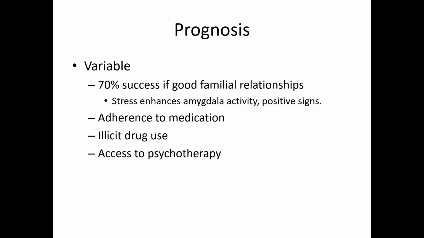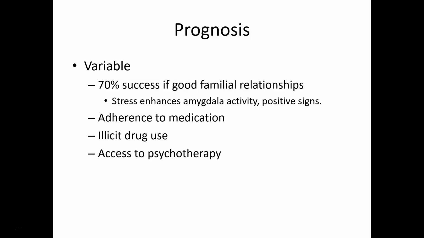And we tend to find that there will be a 70% success rate if you've got that support. If you have good familial relationships, supportive relationships, that can reduce stress. And we know that stress enhances the amygdala activity and can enhance those positive signs and trigger episodes.